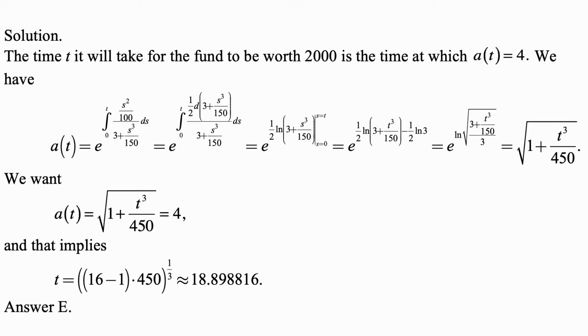S is the time, and s varies from 0 to t, so it's the integral from 0 to t of s squared over 100 divided by 3 plus s cubed over 150 ds.